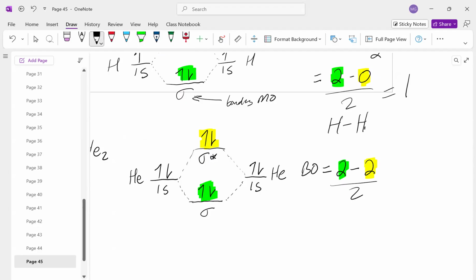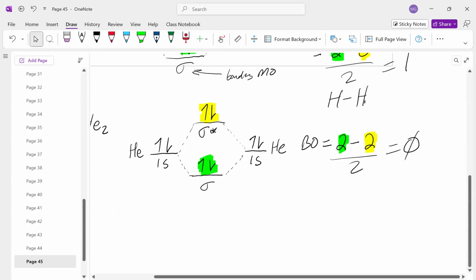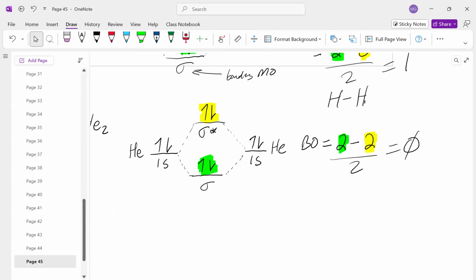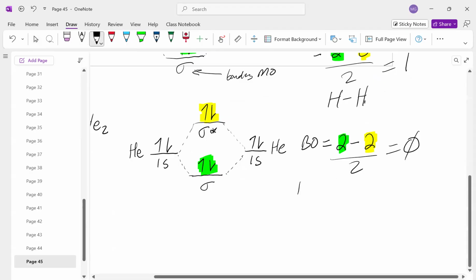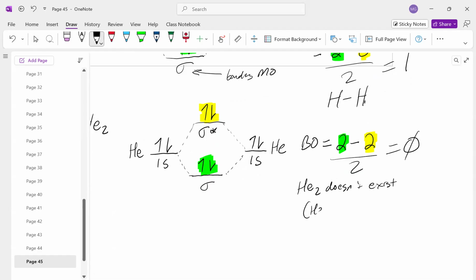And then divide by 2, notice that comes out to an answer of 0. And molecular orbital theory confirms what we know about helium. Helium is not diatomic. He2 doesn't exist. Okay, helium does not bond to itself.